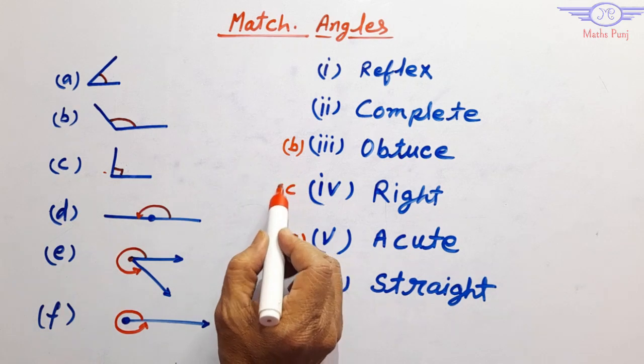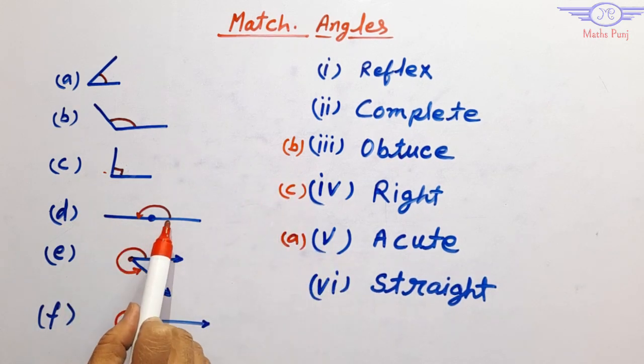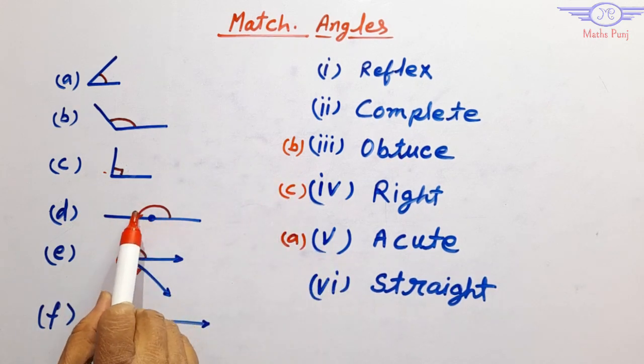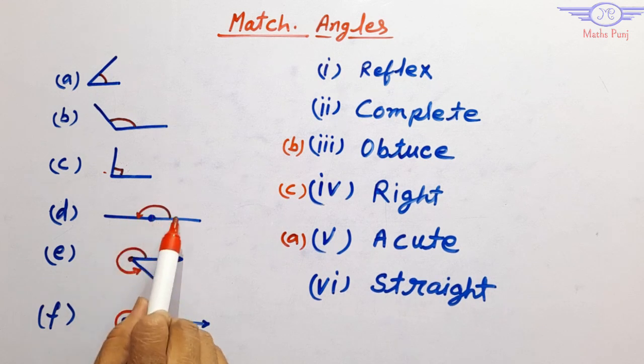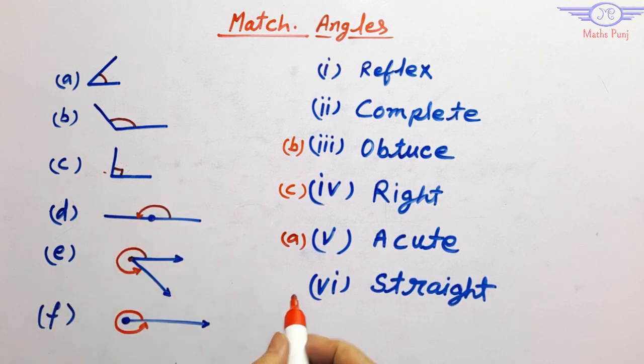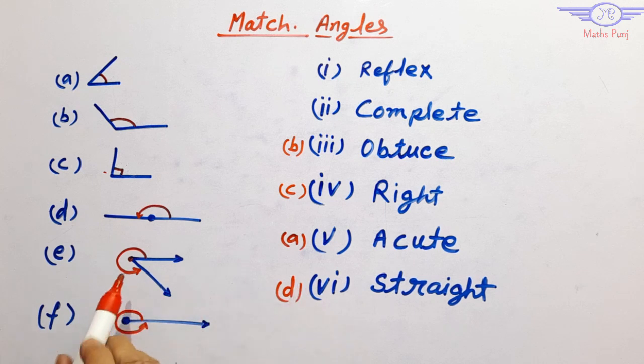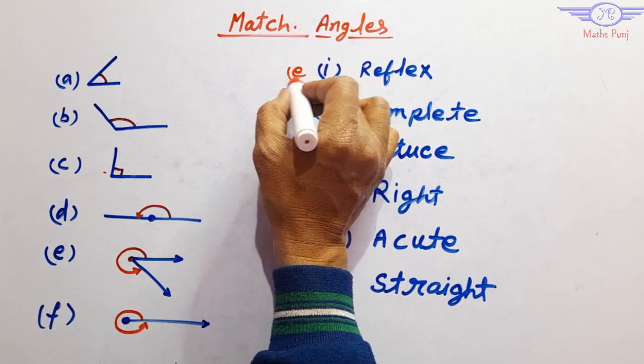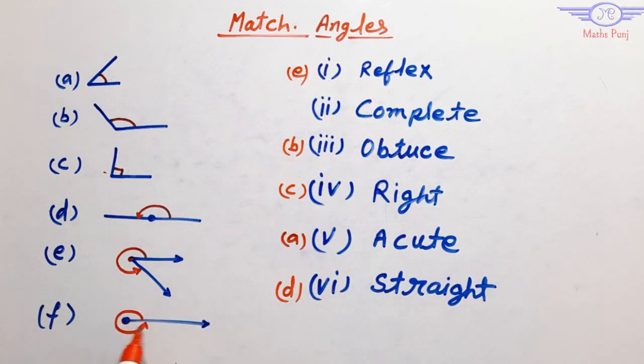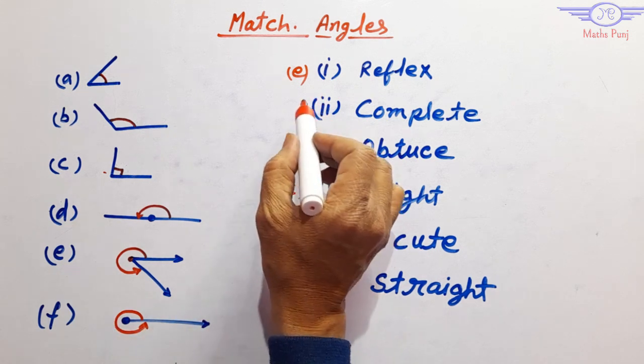This one starts from 0 and completes 180 degrees; it is a straight line, so this is D. And this angle, greater than 180 degrees but less than 360 degrees, is a reflex angle. And last, this figure completes 360 degrees, so it is a complete angle.